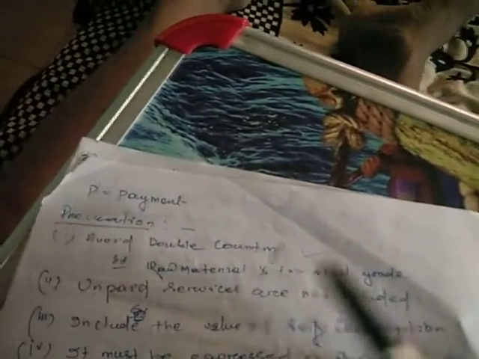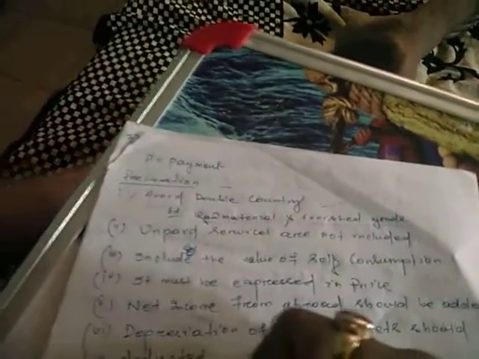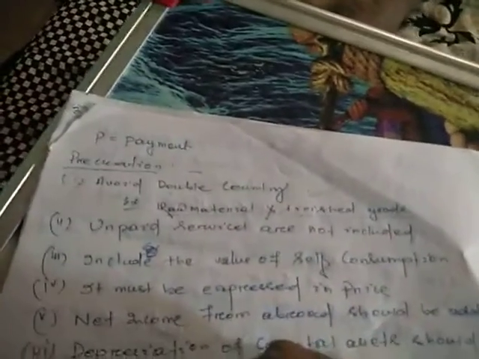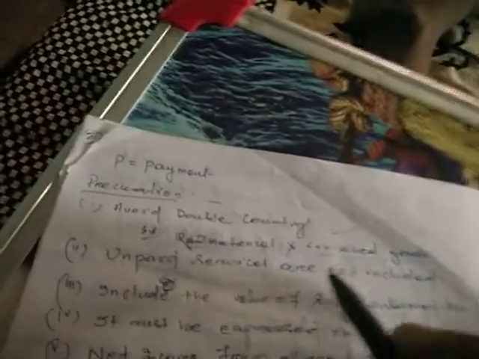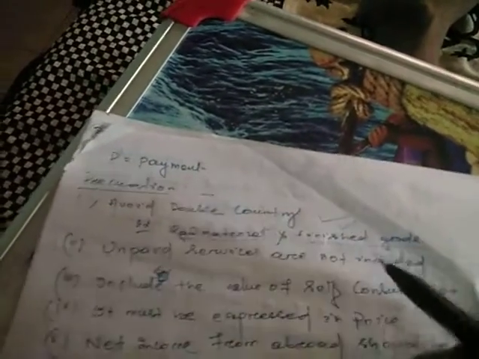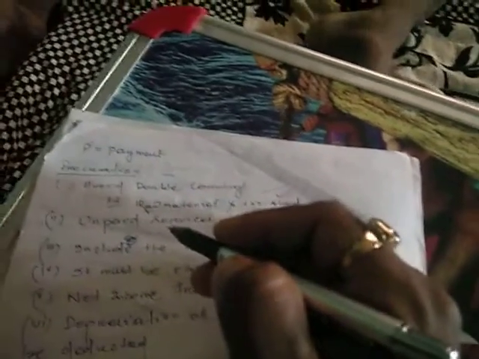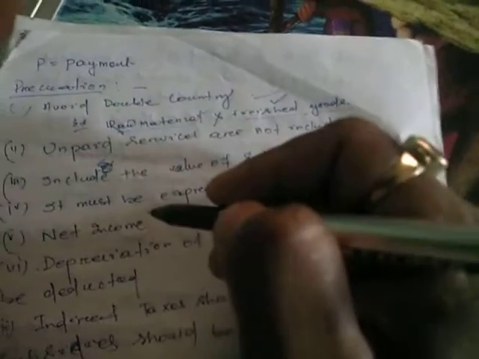In the sense, suppose raw material cost will be considered and finished product cost will also be considered to prepare a product. At that time, that is called double counting. So the national income calculation will be wrong, because if you consider raw material cost, you may not take the finished product. If you take the finished product, then you may not take the raw material, right? So avoid double counting.